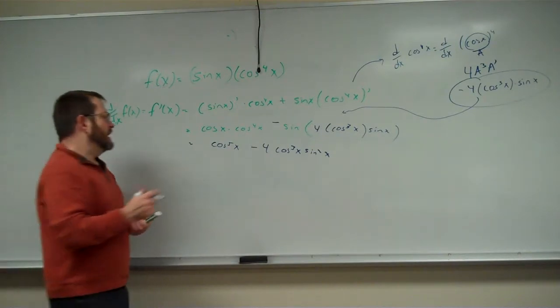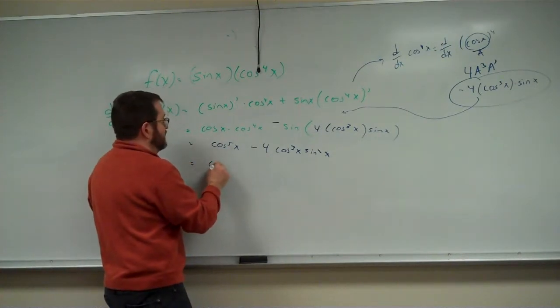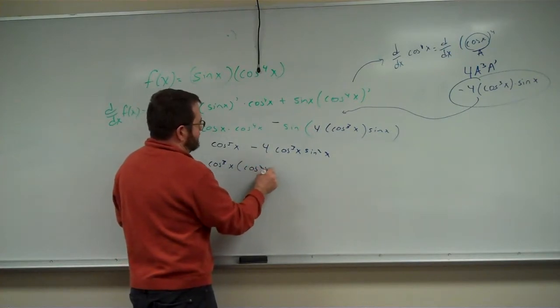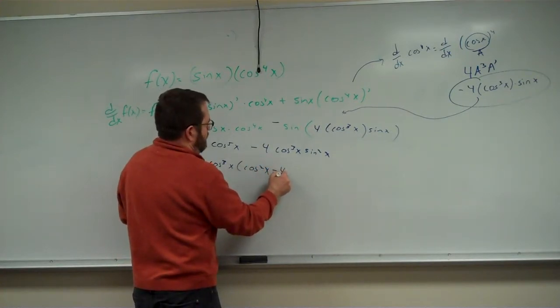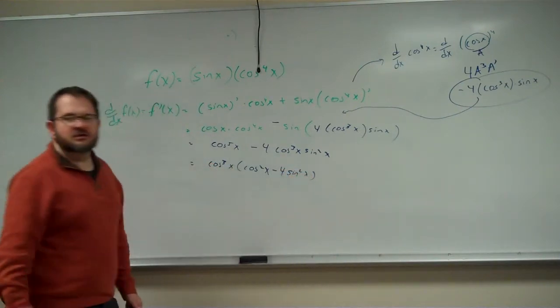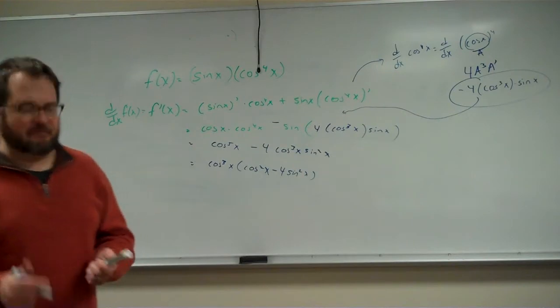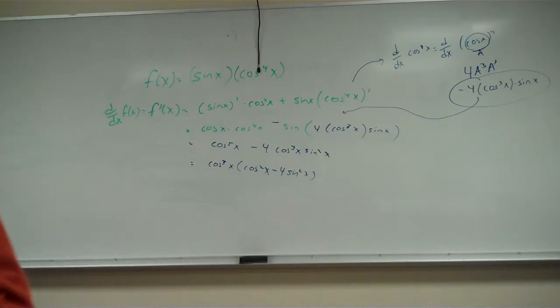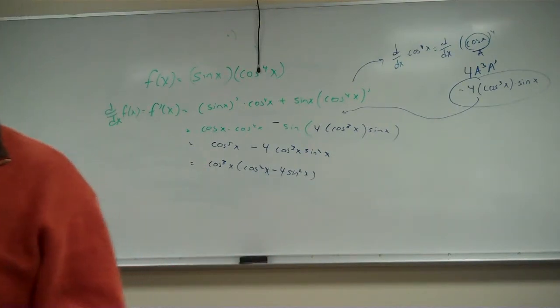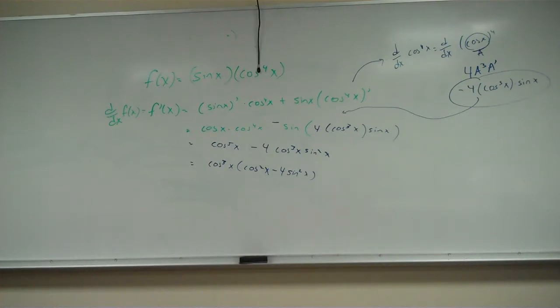Do we want to then maybe factor out a cosine cubed? Maybe. Cosine squared x minus 4 sine squared x? Maybe. I don't know. I made this problem up. I don't know where we're going to stop. You're not going to lose points for not doing enough algebra and rearranging. Okay? That's not the point. The point is the correct application of the chain rule.